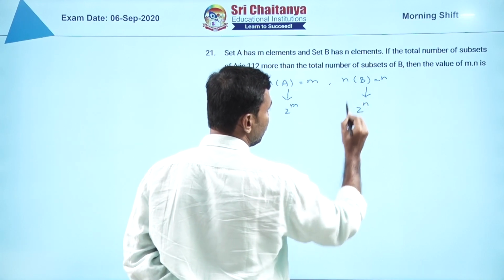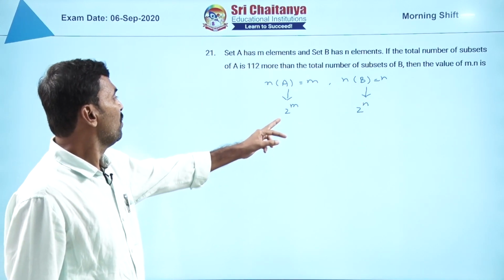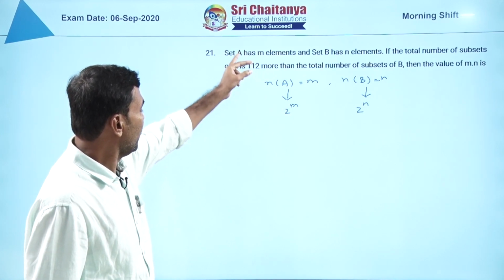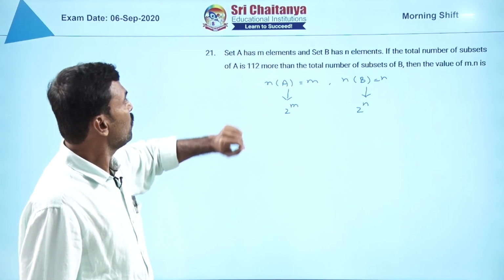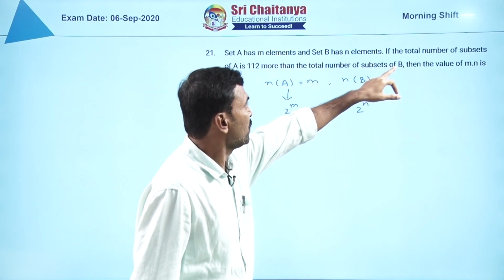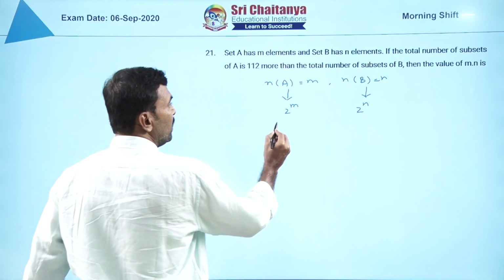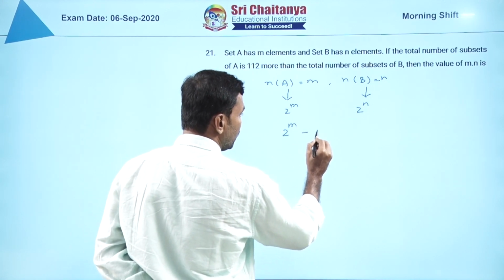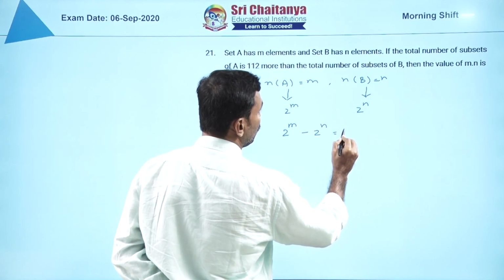So 2 power n. But the number of subsets of set A is 112 more than the total number of subsets of B. That means, given 2 power m minus 2 power n is equal to 112.